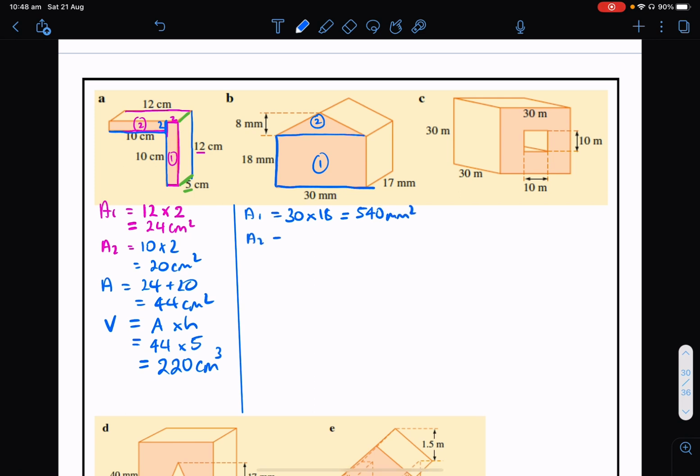Okay, area 2 is going to be my triangle. So I know it's a half times base times height. So I'm going to find those details. So I've got a half times now my base of my triangle. Here's my triangle. Here's my base. So the base is going to be 30 millimeters, and we want that perpendicular height, which you can see they've given you over here, which is 8.